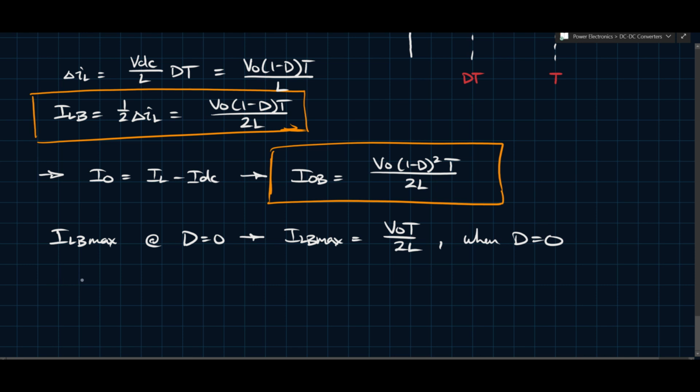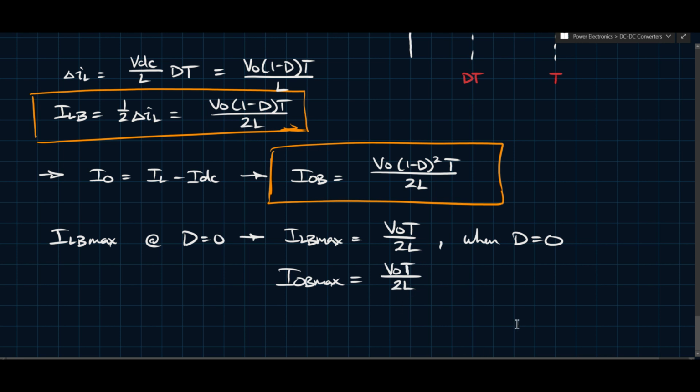Then for IOB max, you can use the exact same approach with the IOB equation, and IOB max will happen at the same time, and it will be the exact same expression, because the only difference between the two is the squared term, and since the D disappears, whatever is left over is the exact same.